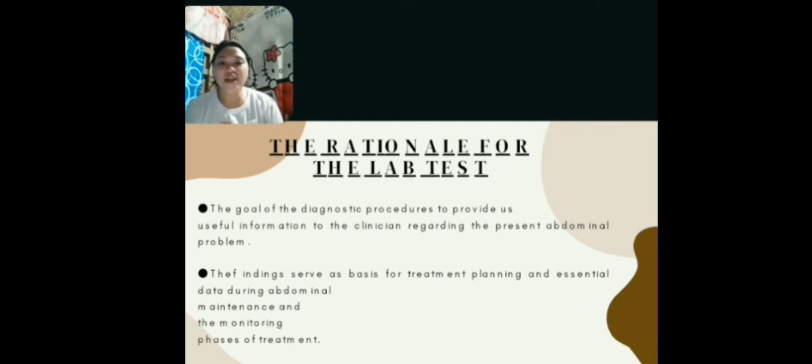The rationale for the lab test: the goal of the diagnostic procedure is to provide useful information to the clinicians regarding the person's abdominal problem, and the findings also serve as the basis for treatment planning and essential data during the maintenance and monitoring phases of treatment.